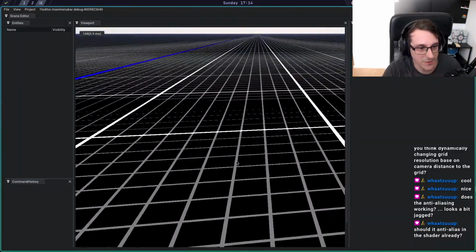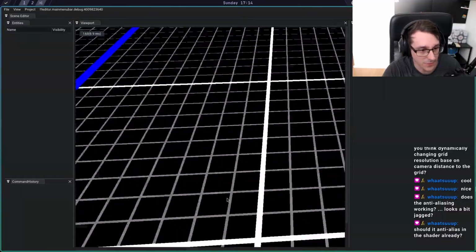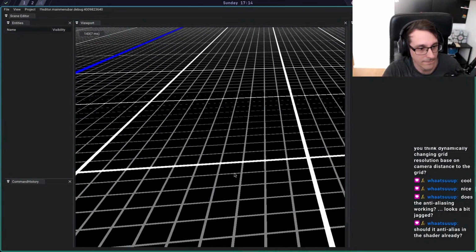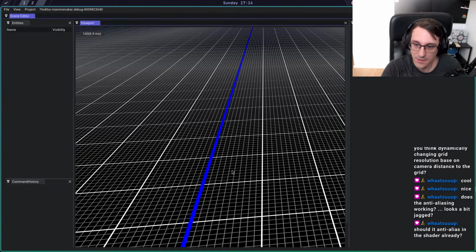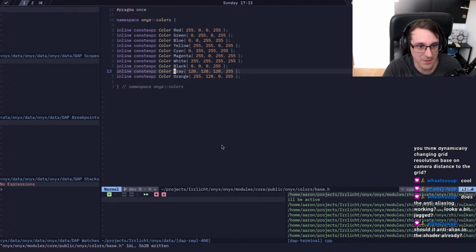That's definitely something we could look into eventually as well. That's what he claimed, but I guess it doesn't really work, right? Or maybe I need to increase the anti-aliasing factor, I don't know.